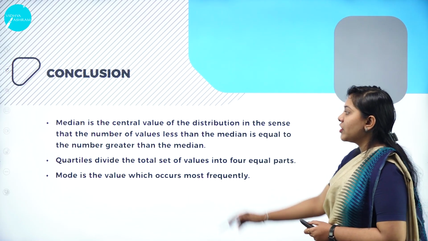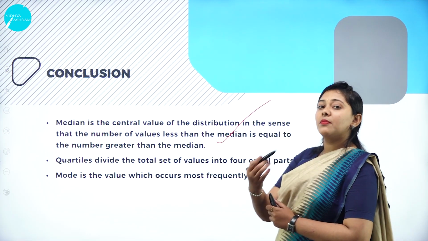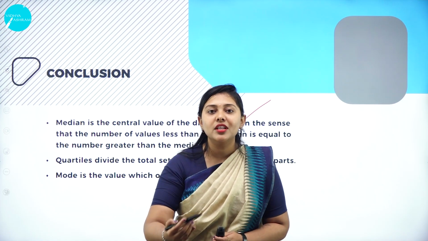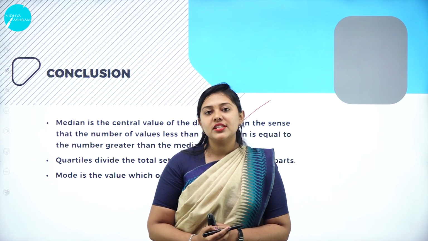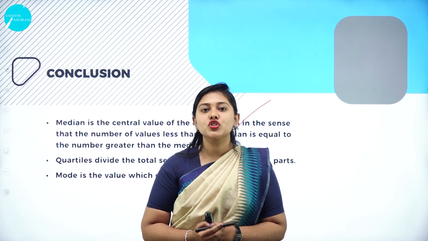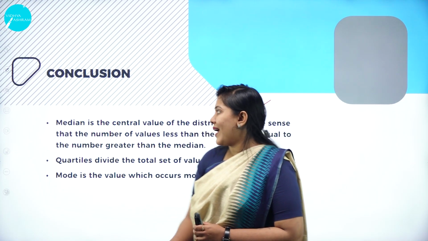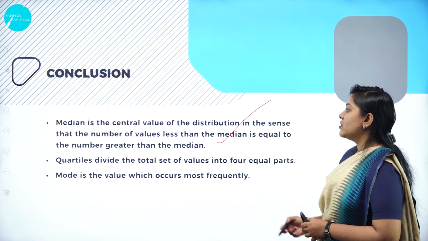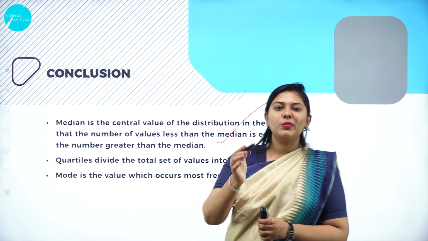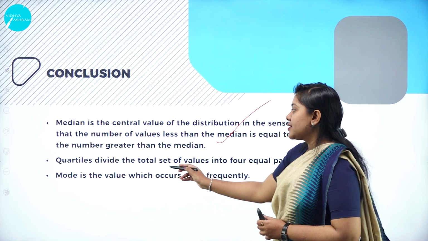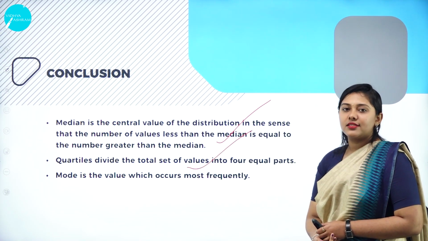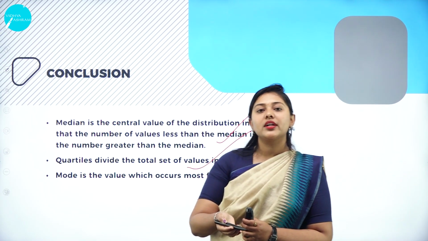Moving forward, we have studied median. What is median? Median is nothing but the middlemost value of a given set of observations which divides the entire data into two equal parts. The central value of the distribution will be your median. Next, in today's class we discussed quartile. What is quartile?